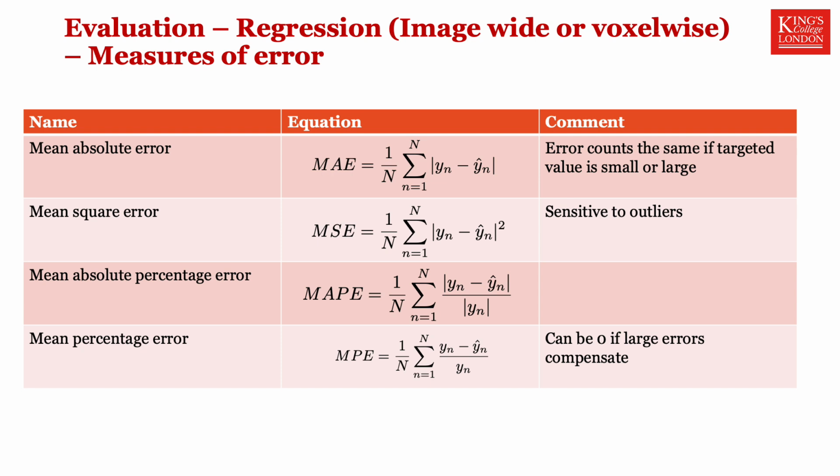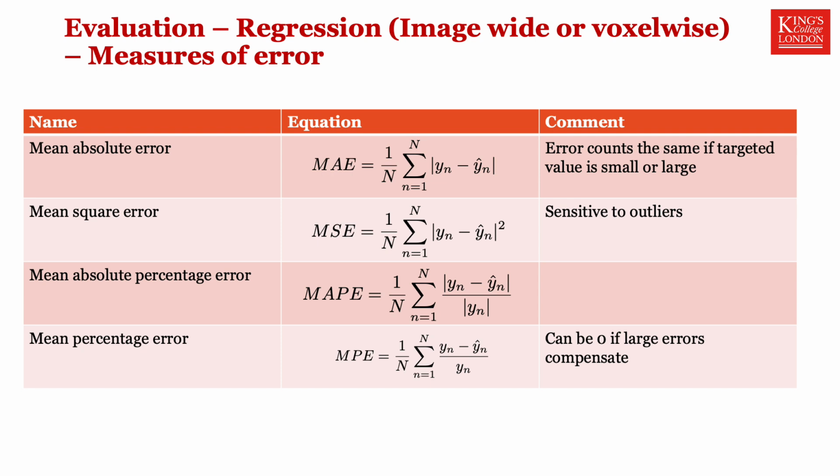Then you have solutions or methods that actually consider the percentage of error, meaning that the previous ones don't change in terms of errors if the targeted value is small or large, whereas actually maybe making an error of 0.1 when you are looking at a value of 200 is not that bad compared to when you are looking at a targeted value of 0.5.